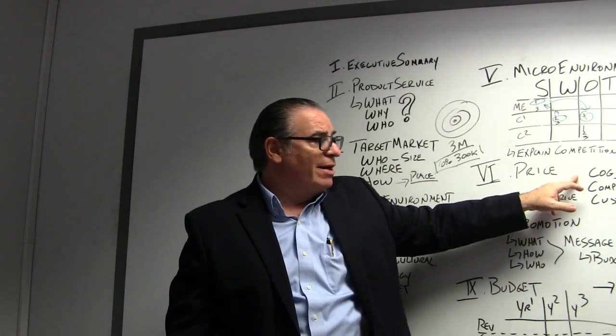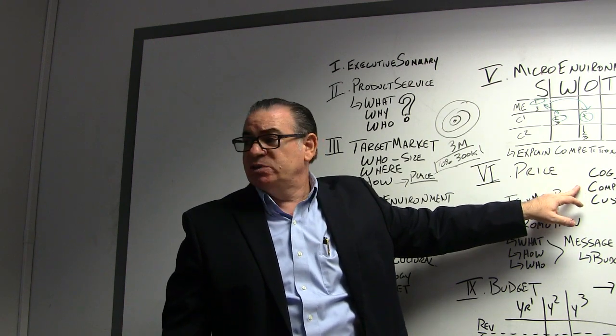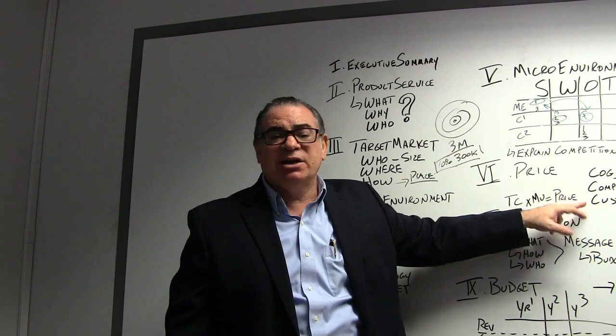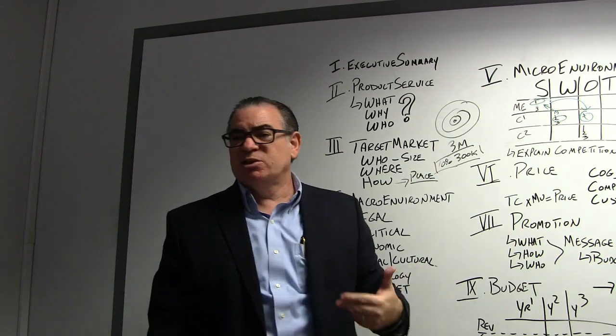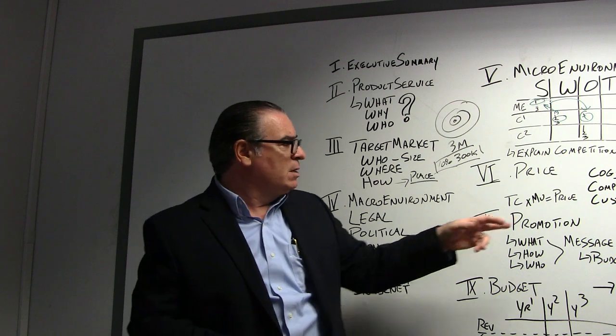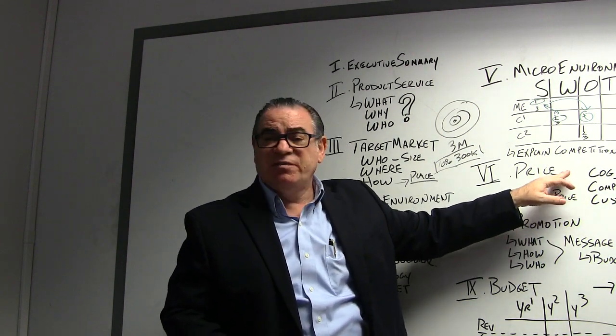Your COGS, you have to know your cost of goods sold to come up with your price. You have to know what the competition is selling their product for, and you have to know at the end of the day what the customer will pay for that product. Just because you say the product is worth $10 doesn't mean that the customer will pay $10 for that product, right? So you need to know these 3 things in order to develop your price.